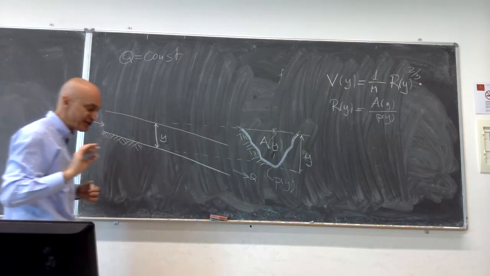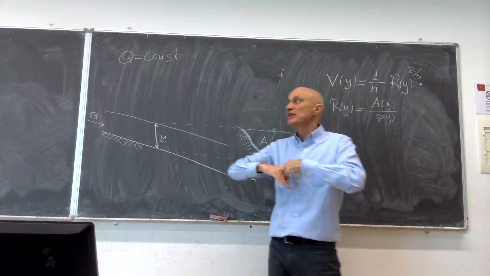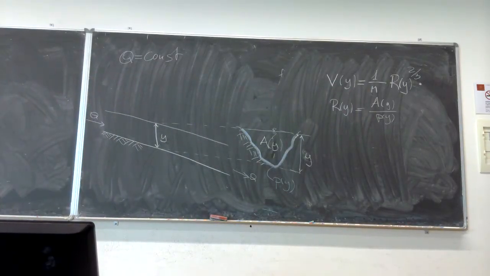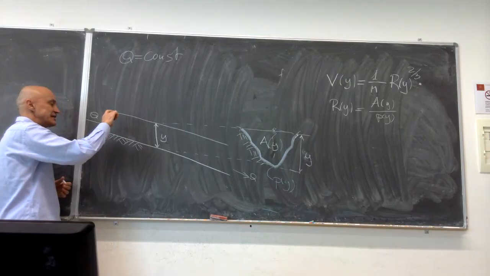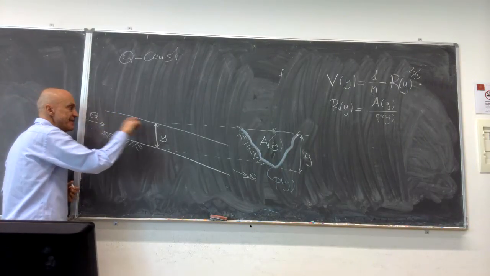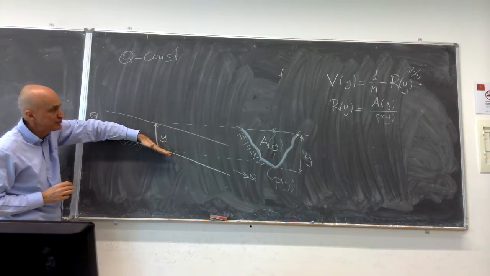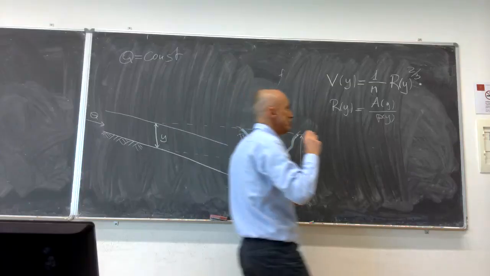But if your assumption is a uniform steady state, then the energy grade line is parallel to the riverbed, so you just look at the average slope of the riverbed. S is the slope of the riverbed to the power of 1/2, the square root of the slope.